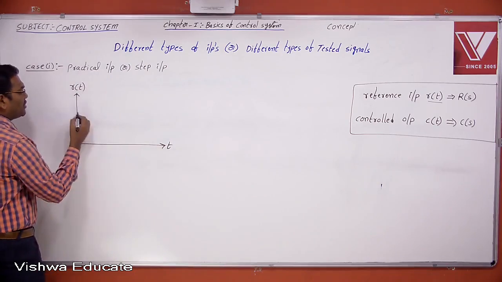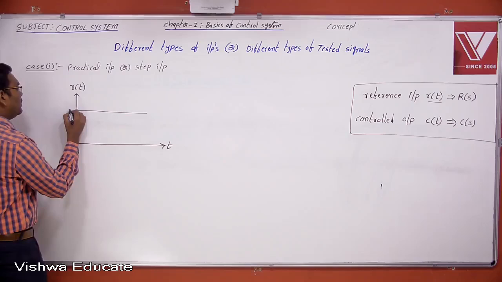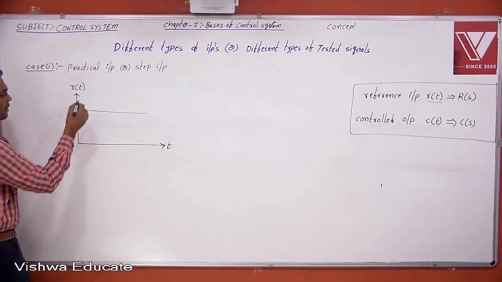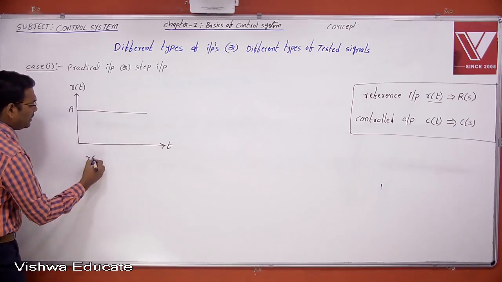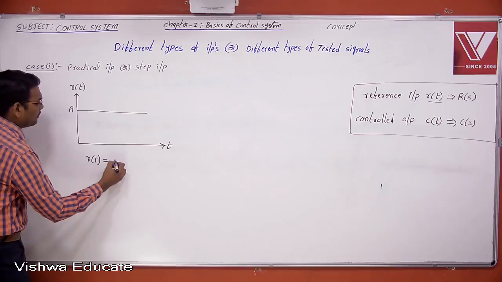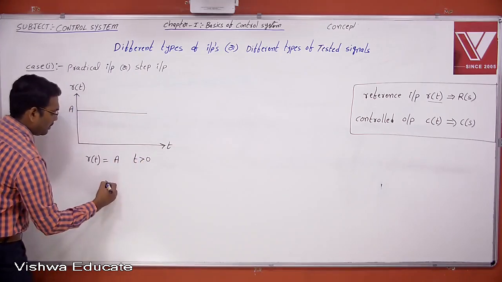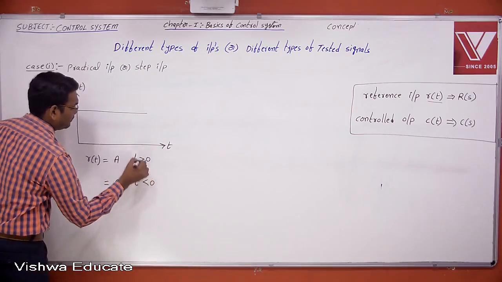For all the positive values of time, this magnitude is constant. We can represent this mathematically: R of t equals A for all the positive values of time, and equals 0 for the negative values of time.